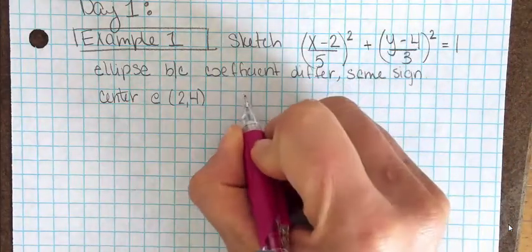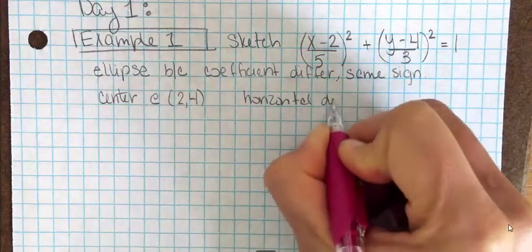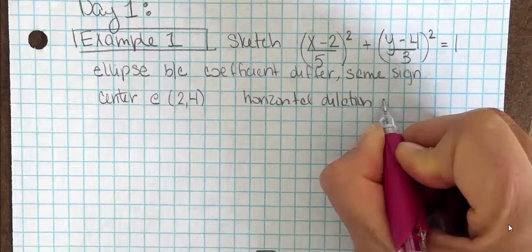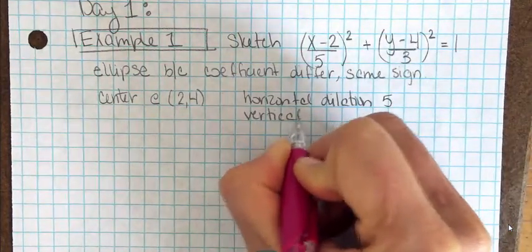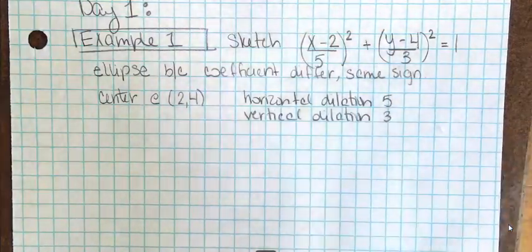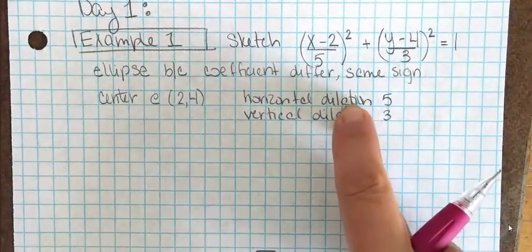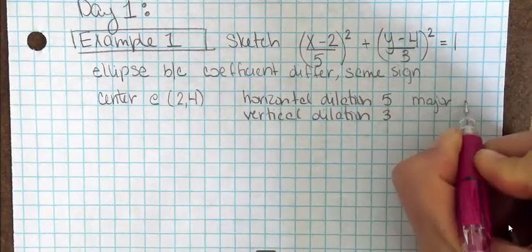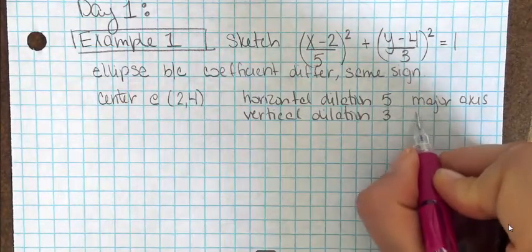So we've got horizontal dilation, which is going to be 5. Vertical dilation, which is going to be 3. So that tells me that my x-axis is going to be my major axis because it's longer. And then my vertical axis will be my minor axis.